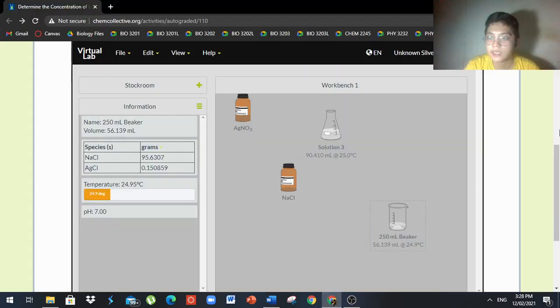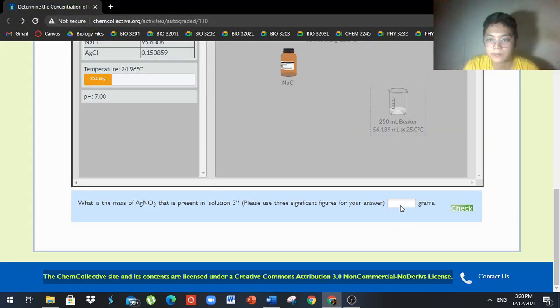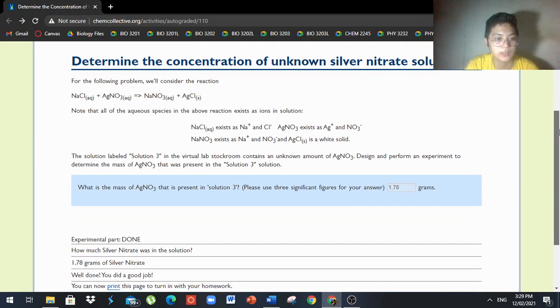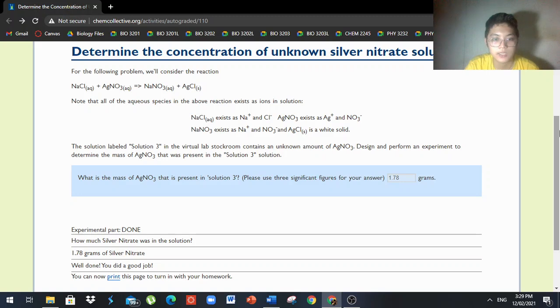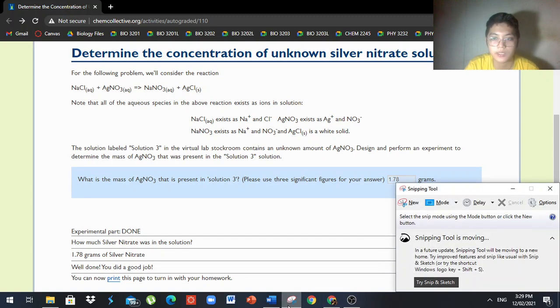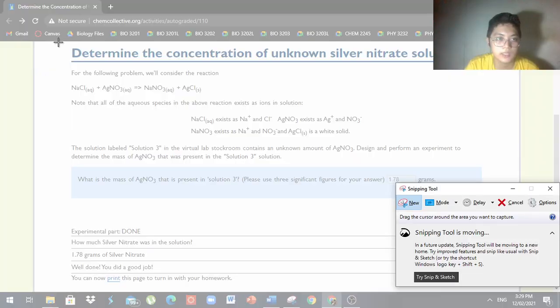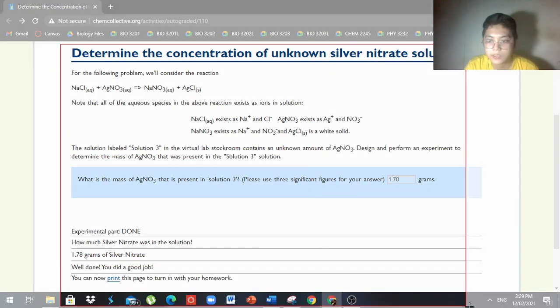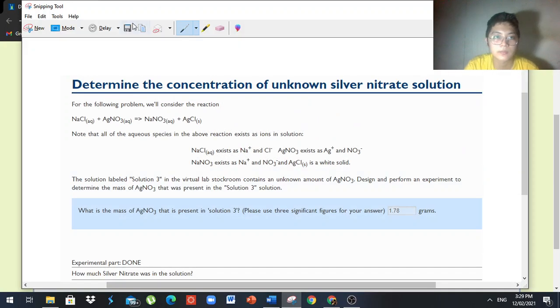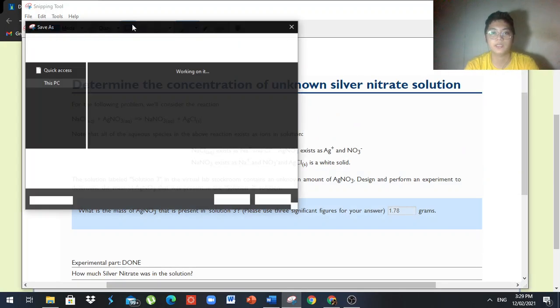So let's see if it is correct. 1.78 grams of AgNO3. Okay, that is correct, as you can see here. Then we're going to screenshot it and save it as C.